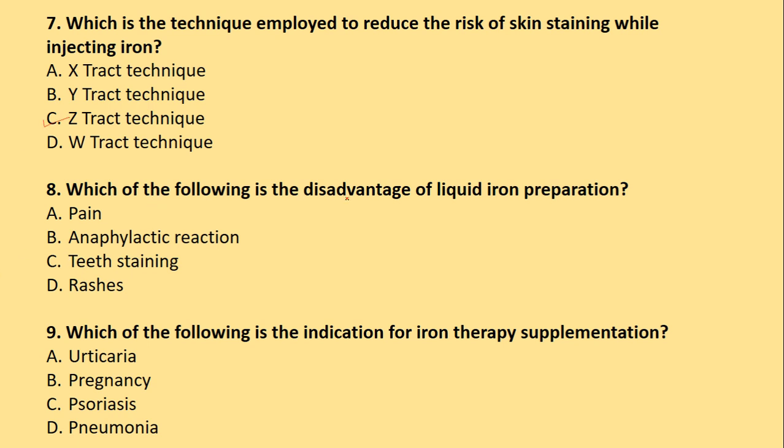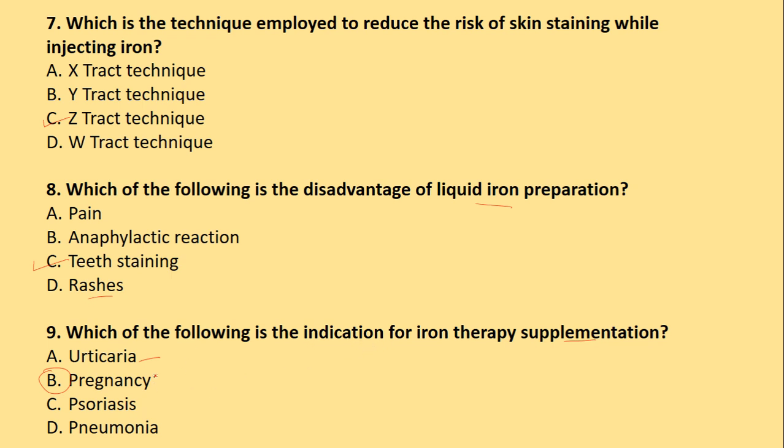So which of the following is a disadvantage of liquid iron preparation? Pain, anaphylactic reaction, teeth staining, rash. The main disadvantage of liquid iron preparations is that it causes staining of the teeth. Which of the following is the indication for iron therapy supplementation? Urticaria? No. Pregnancy? Yes. It is the indication where we'll be using supplemental iron therapy.